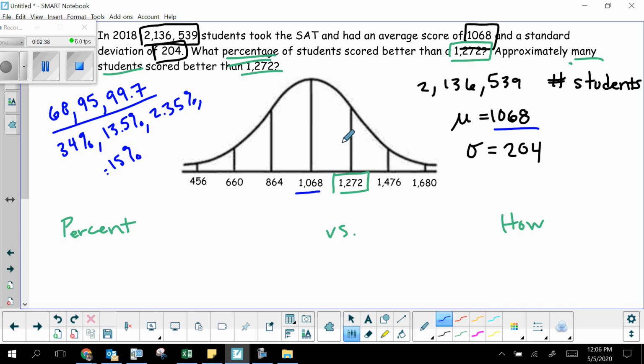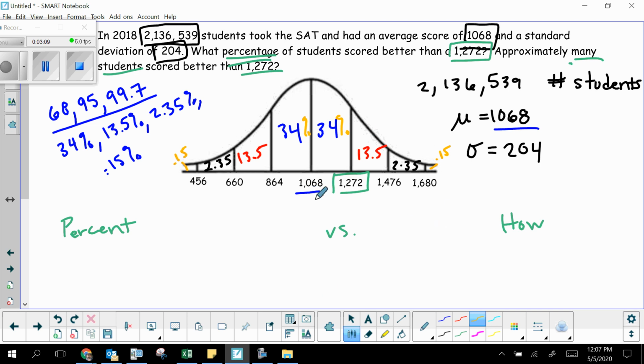So if we look at our graph, there's your 34% and your 34%, 13.5 and 13.5, 2.35, 2.35, and then of course 0.15. All percentages.